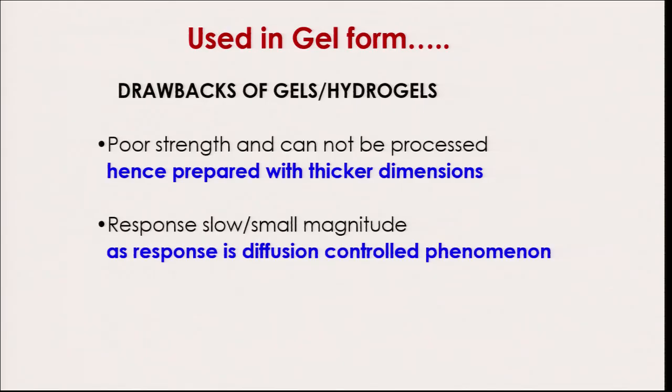One major drawback is the gels are very flimsy, they have very poor strength, they will break down very easily, and the second thing is they cannot be processed. They cannot be processed because they cannot melt, because they are cross-linked, and they cannot dissolve in any solvent.